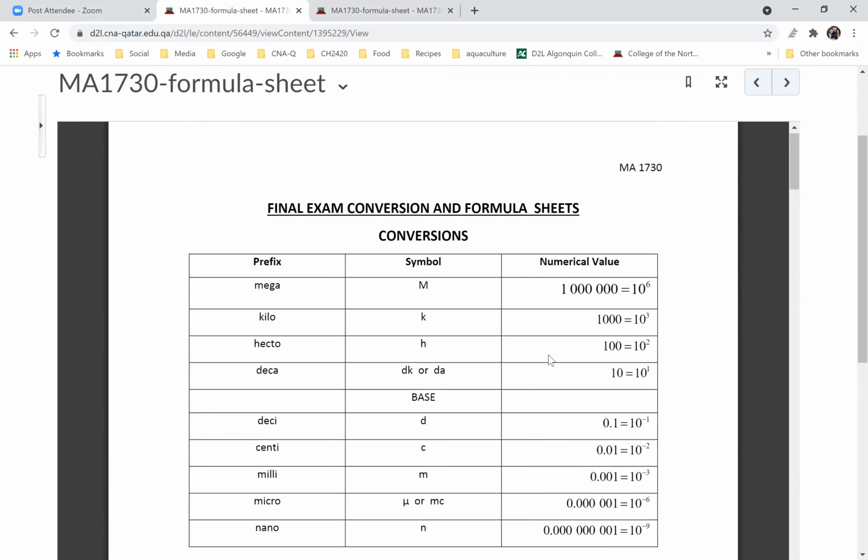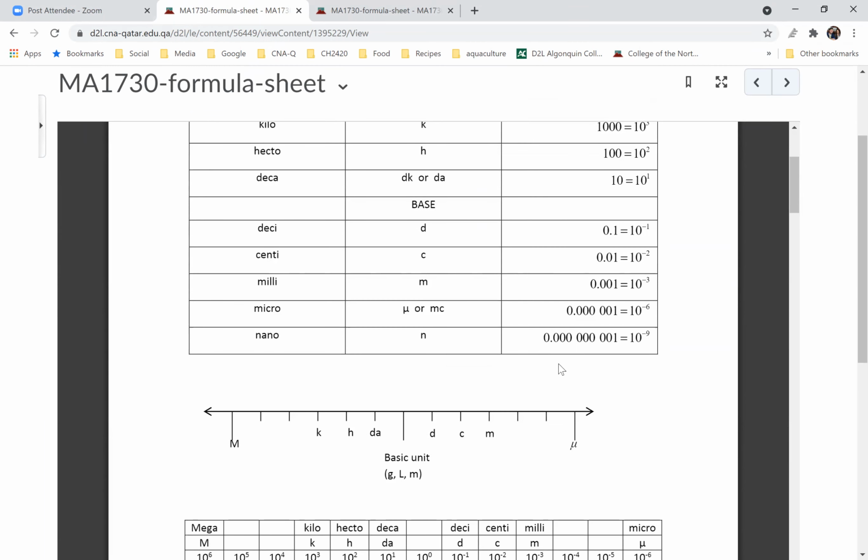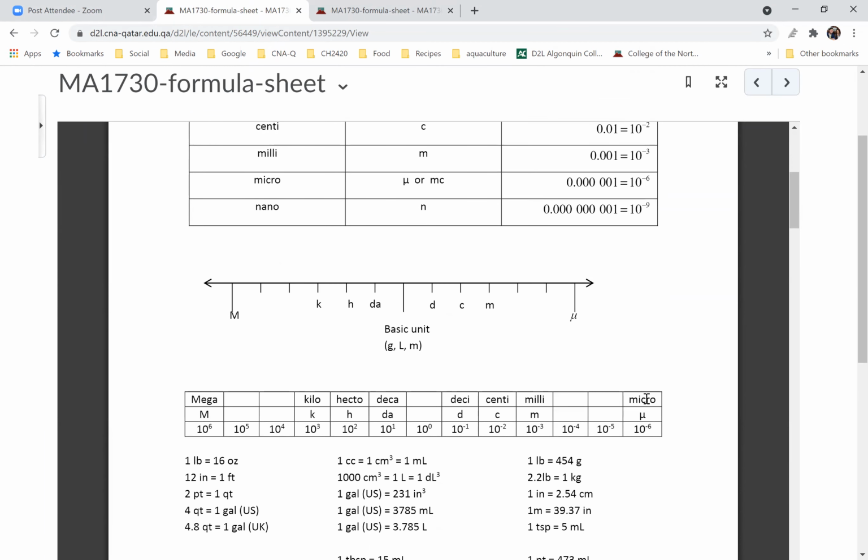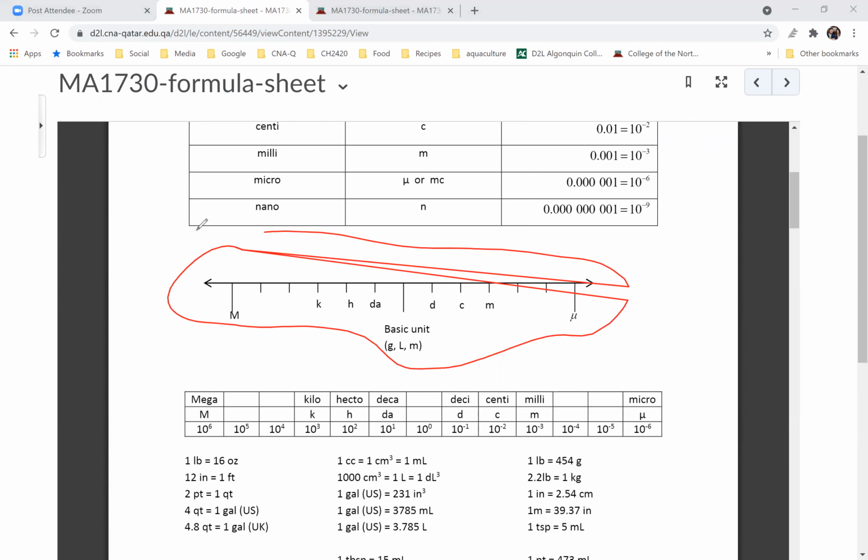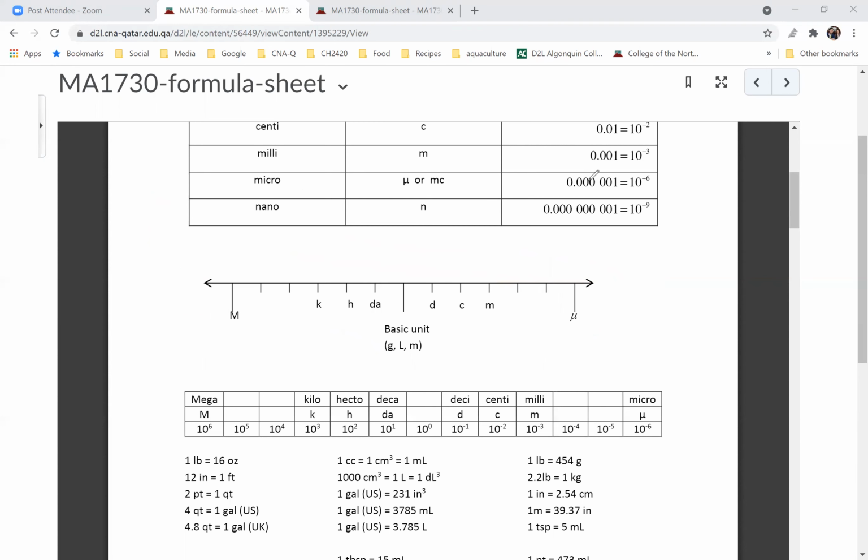So here on the first page of your formula sheet, I've given you basically everything, including the number line, the line that I said I would give you, this line. And you also get 2 tables to help you do your conversions. We use the line mostly in class, but this will come in handy for all of your unit conversions.